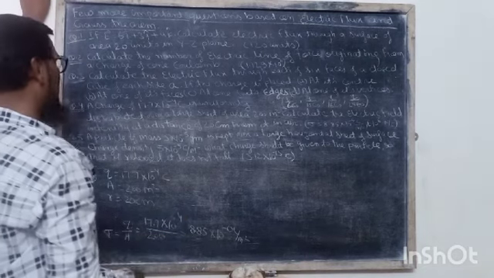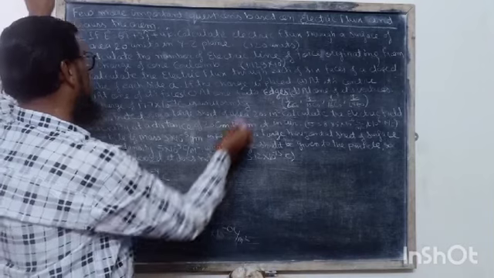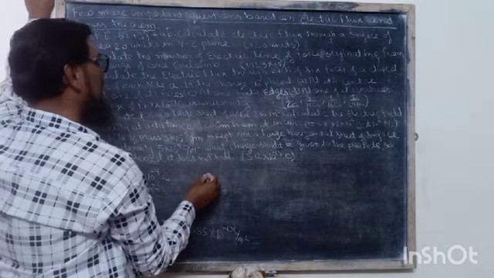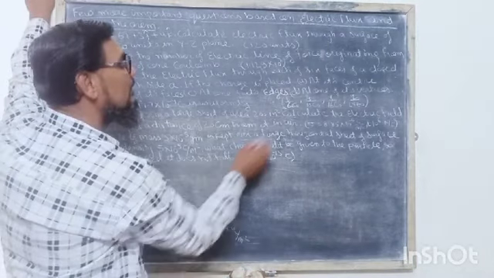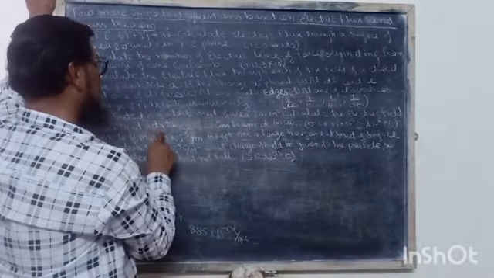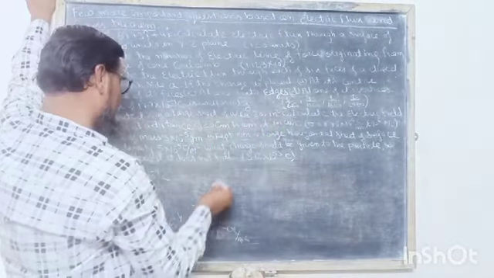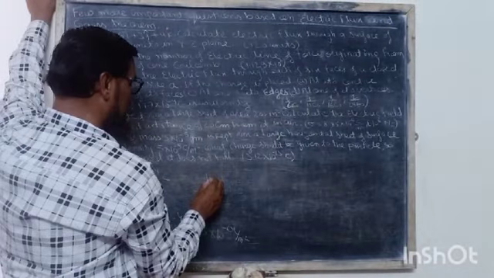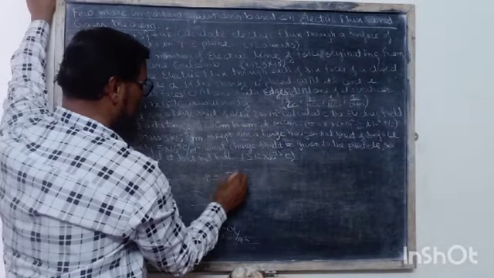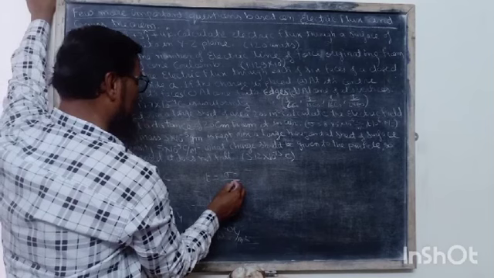This is the value of sigma, and in order to calculate the electric field intensity at a distance 20 centimeter from it in air, the value will be E is equal to sigma upon epsilon.